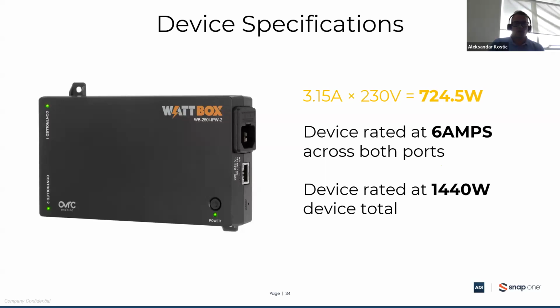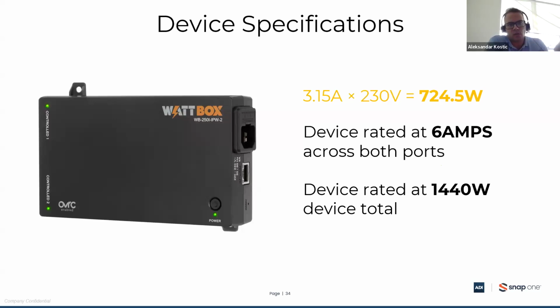Regarding the budgeting of the devices which can be connected to the WattBox, in order to be sure that the WattBox is providing enough power, we need to know the power consumption of each device which connects to it. So for example, if we have a device which has 3.15 amperes on 230 volts, it uses about 700 watts from the WattBox.